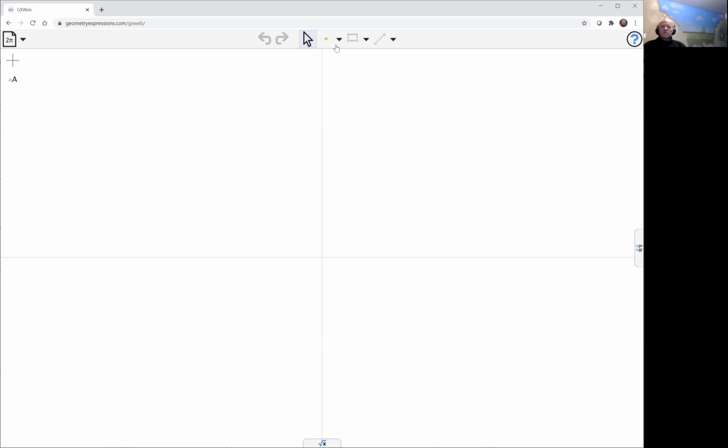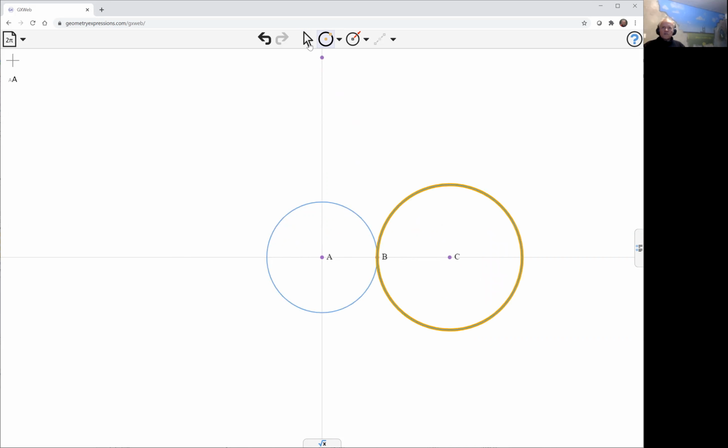So here we'll start with the gear pair. I'll do it like this. Each of these gears is going to have a radius R, not 2, 1.